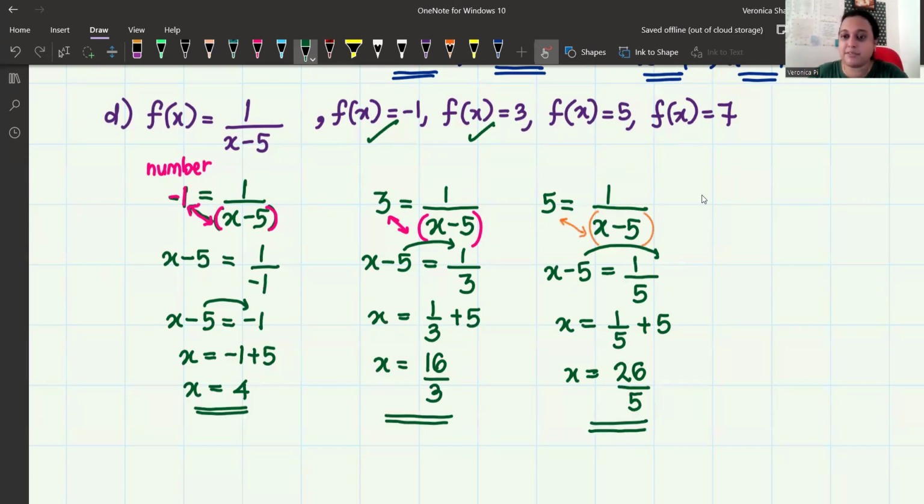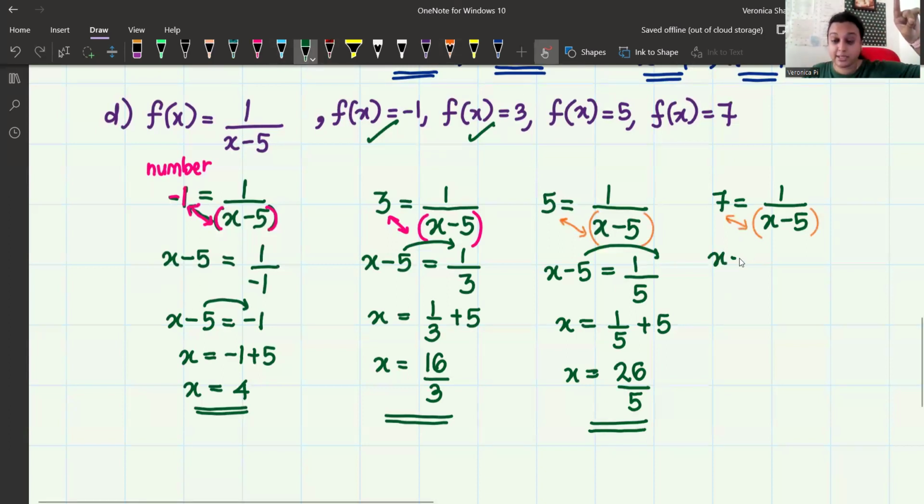Okay, the last one, 7. So you ganti the 7 here for the fx there. X tolak 5. Okay, then we change place, tukar tempat. So the x minus 5 naik ke atas, 7 turun ke bawah. Pindah the 5.